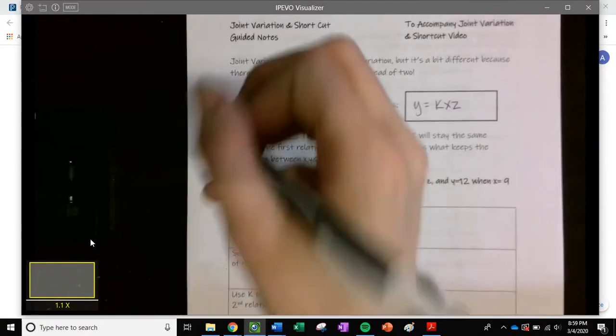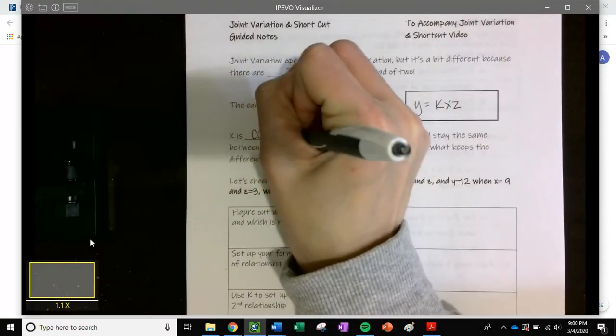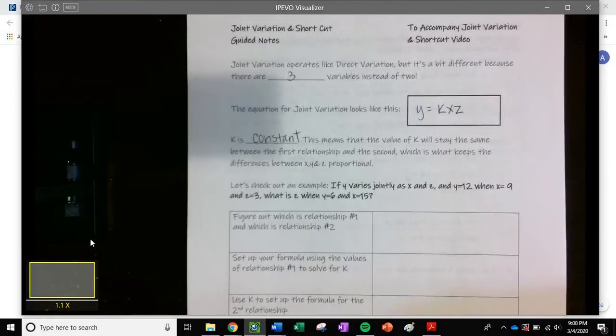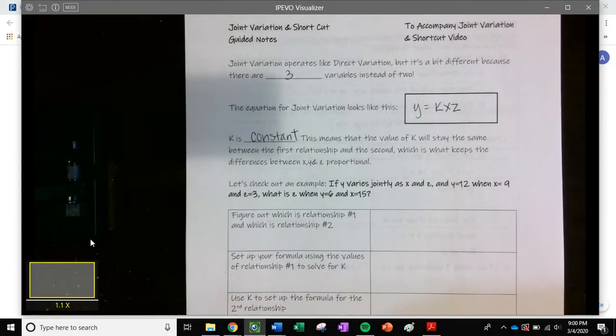Again, just like in the others, k is the constant. So you know the drill here. The constant will always stay the same. We're going to use the first relationship to find the value of k, and then utilize k in the second relationship to find the value of the missing variable.